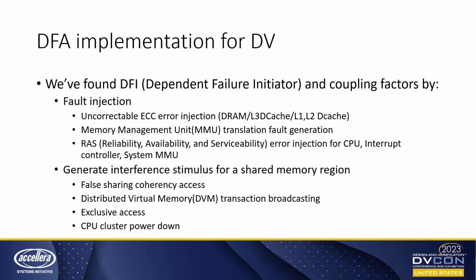Another thing is making the coupling factors. We use functionalities that mainly involve interaction between different blocks and IPs. First is shared coherent access, which generates many transactions on the coherence channel and snoop. Also DVM, distributed virtual memory transaction broadcasting, is a coupling factor for a complex stress environment.